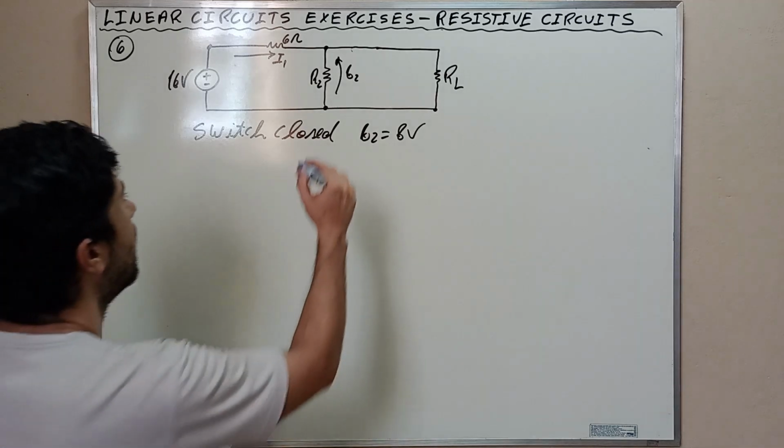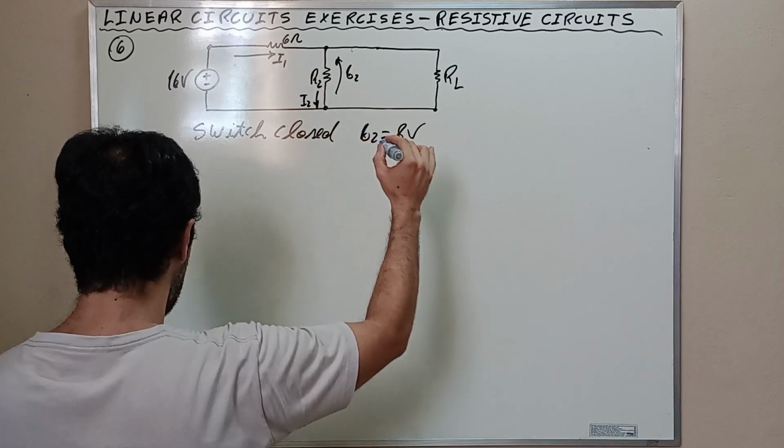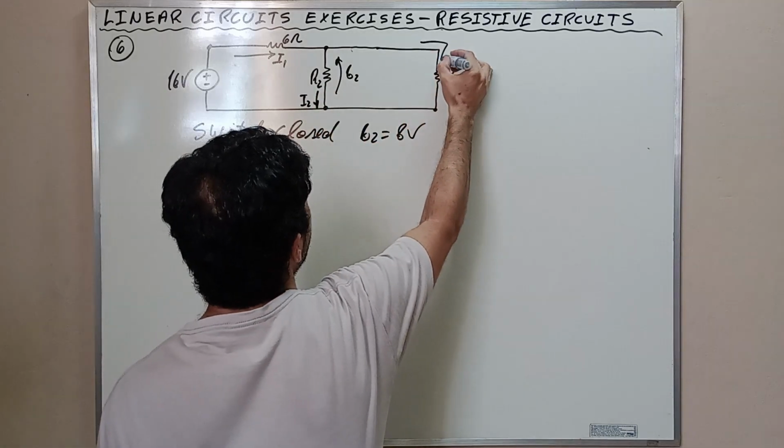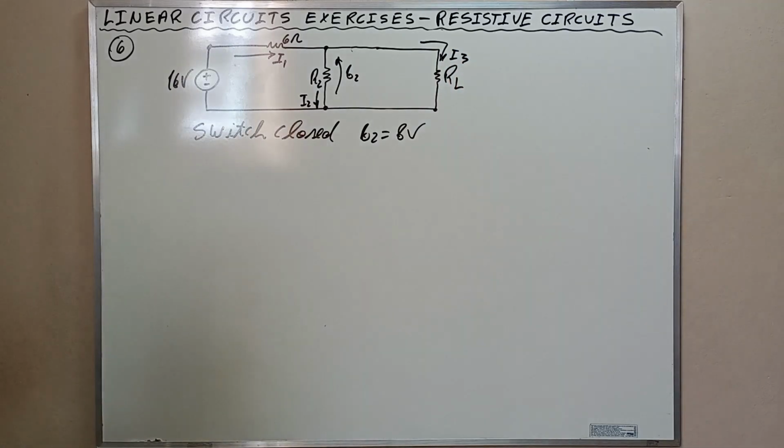Let's inspect this. Let's call here I2, and let's call here I3, and apply the nodal rule. Alright? And what does the nodal rule say? The nodal rule says that the sum of the currents that enter a node is equal to the sum of the currents that leave a node.